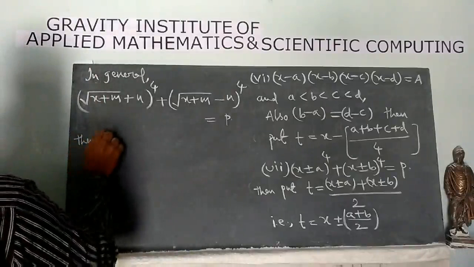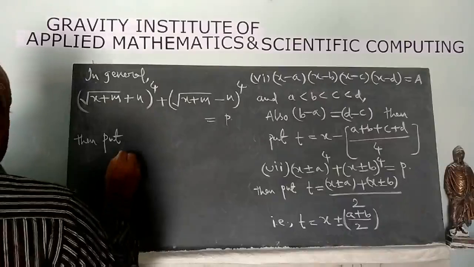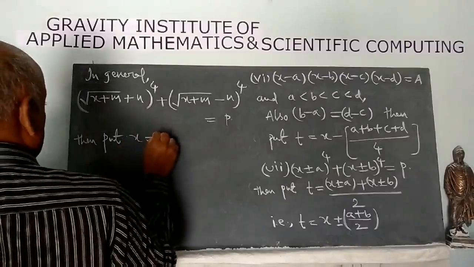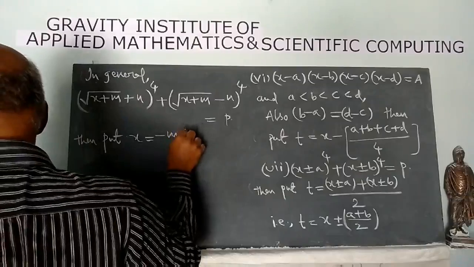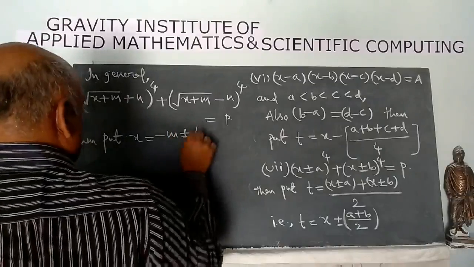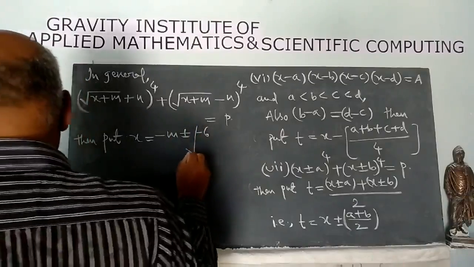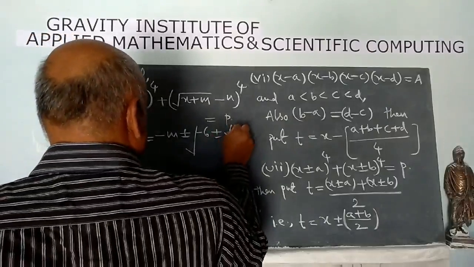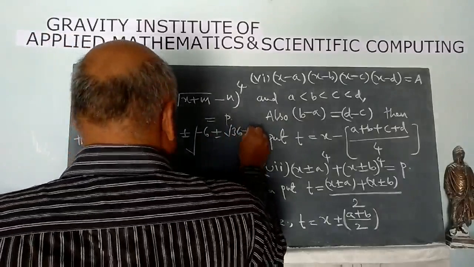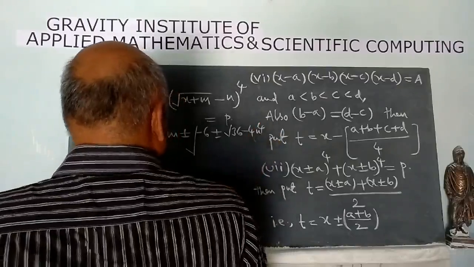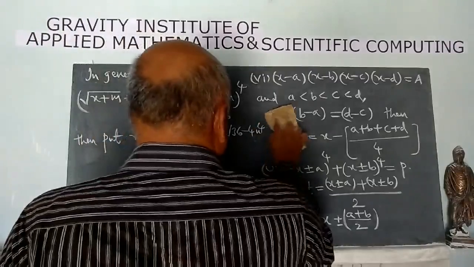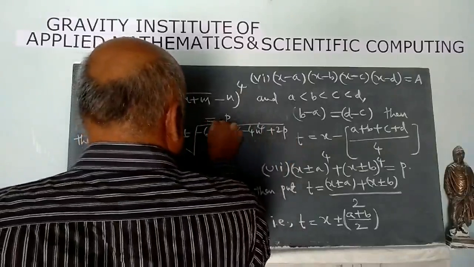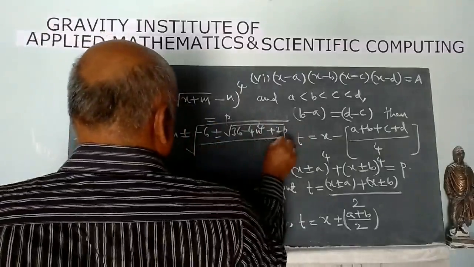Then put x is equal to minus m plus or minus square root of minus 6 plus or minus square root of 36 minus 4 n to the power of 4 plus 2p, whole by 2.